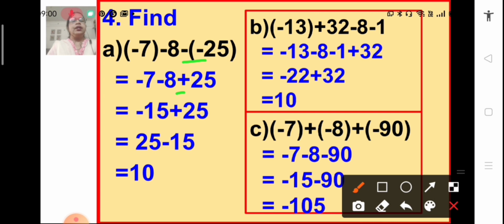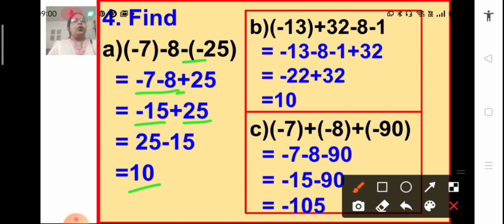We add the integers with negative sign first. We get negative 15, positive 25. When we add them, what do we get? We simply have to subtract and take the sign of the bigger integer. So we get 10.